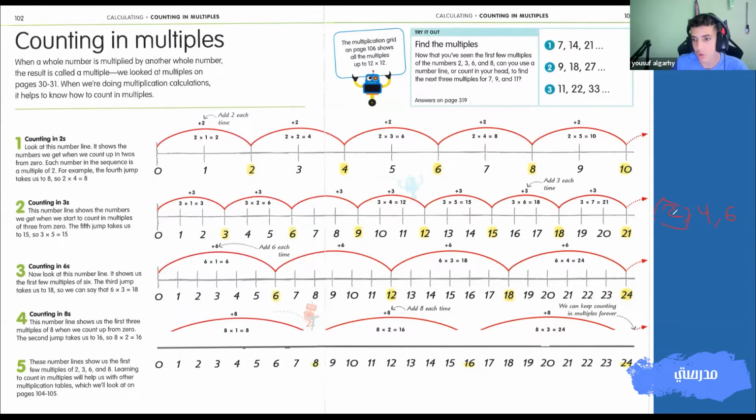So 2, 4, 6, 8, 10, 12, 14. Here we've added 2 to 6, which equals 8. We've added 2 to 8, which equals 10. We've added 2 to 10, which equals 12, and then added 2 to 12, which equals 14. Does that make a little bit more sense?